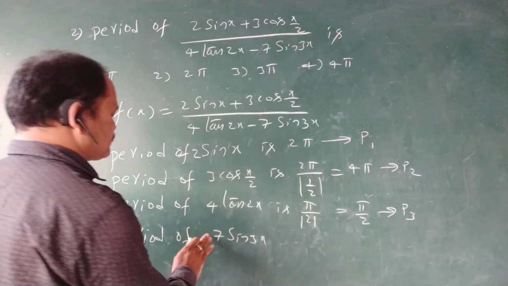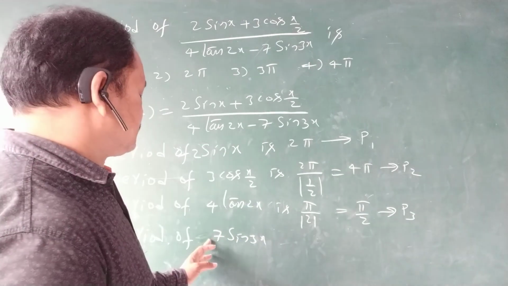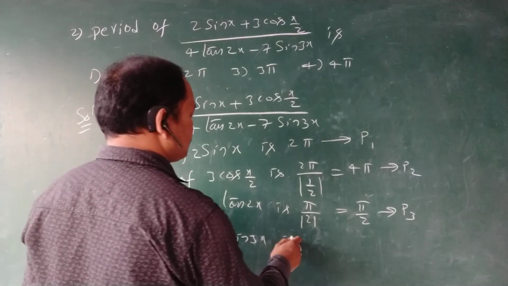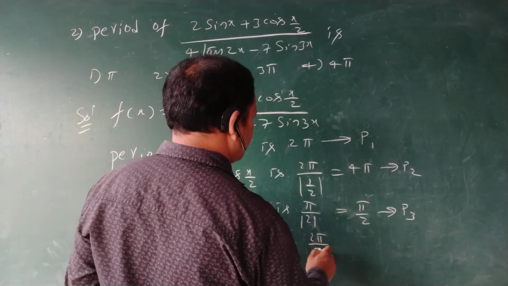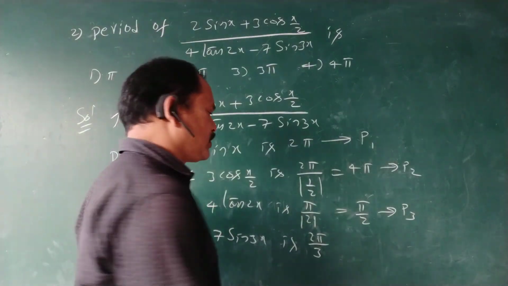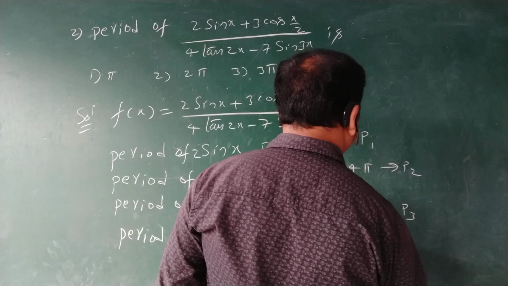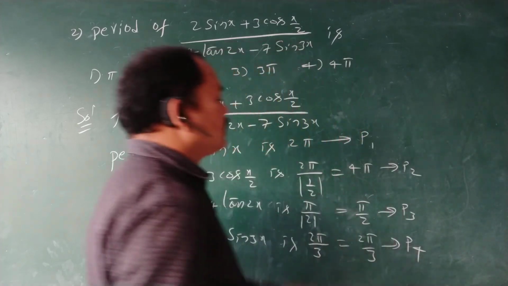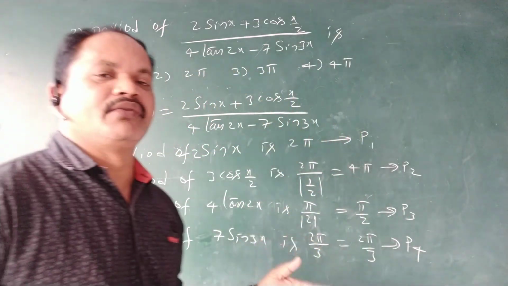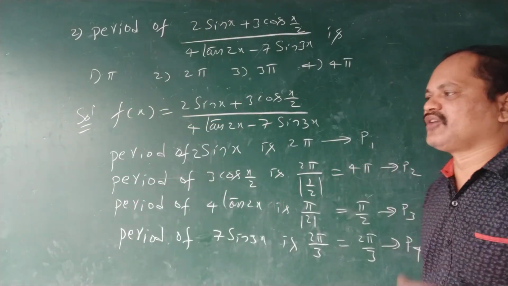No problem. 7 sin 3x is 2 pi by 3, according to the period of sin ax, 2 pi by mod a. That's why it is 2 pi by 3. So it is P4. Now the LCM of the periods P1, P2, P3, P4 is nothing but the period of f of x.